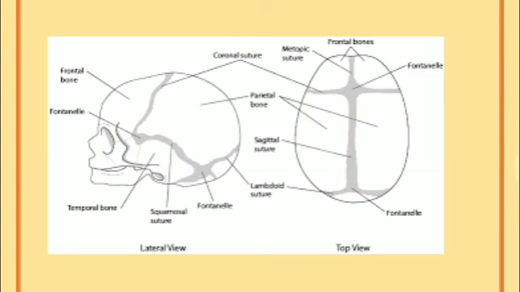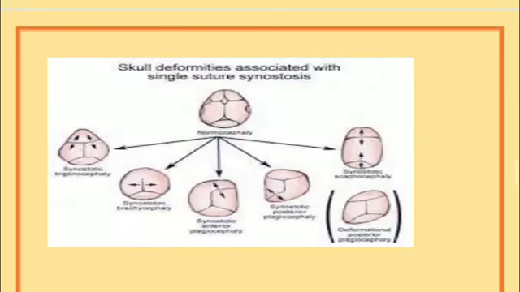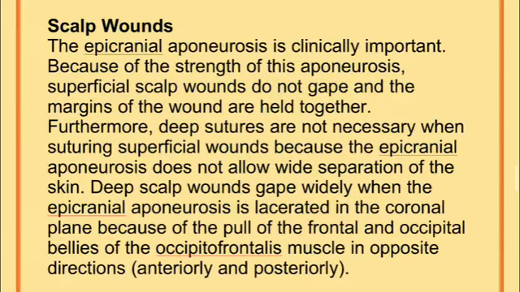When these close prematurely, you see malformations like this next diagram showing skull deformities associated with premature closure of the sutures, just like I explained a while ago. Now let me talk about scalp wounds.